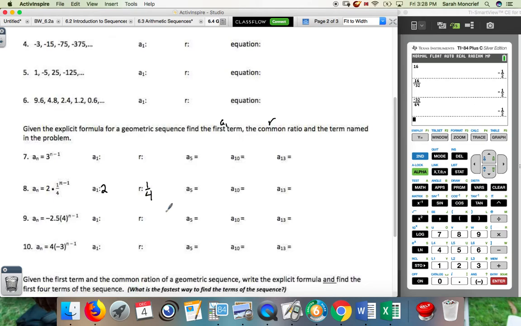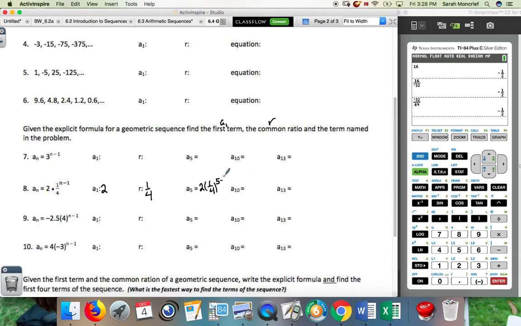Alright, so now let's look at finding these terms. Remember, we replaced my tiny n with a 5, so we'll replace my other n with a 5. Let's plug it in. It should look like 2 times 1/4 to the 5 minus 1.